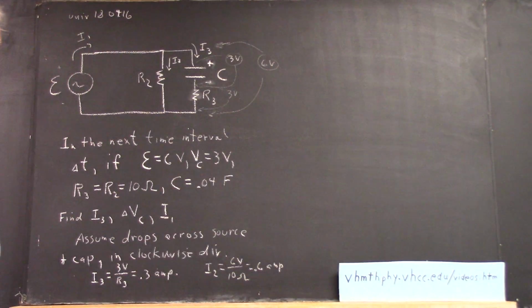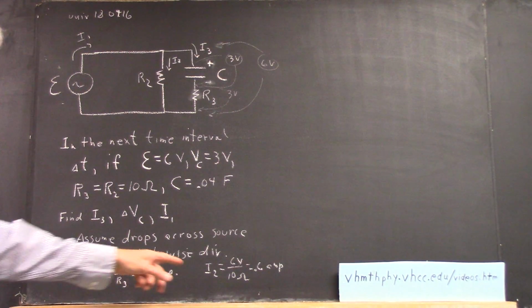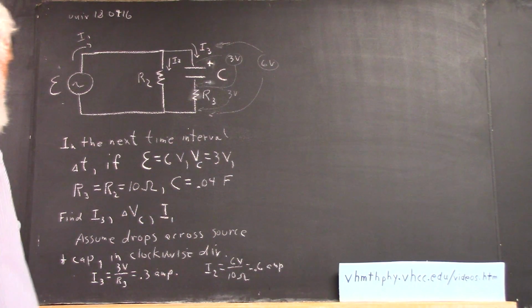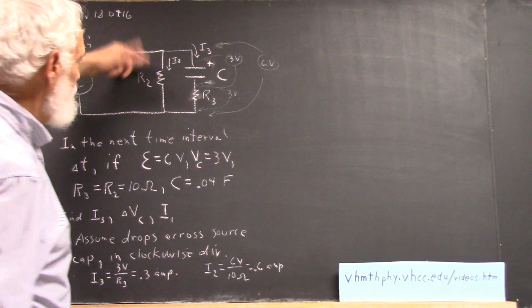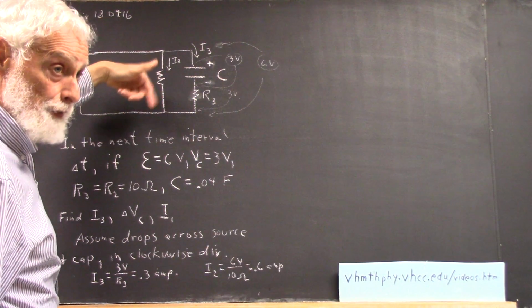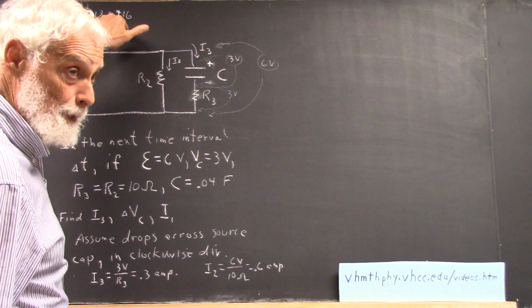Okay, so those two are easy to get. And then I1, because I asked you for I1. So you just look here, you got 0.3 of an amp here, 0.6 of an amp here, so I1's got to be 0.9 of an amp, right?